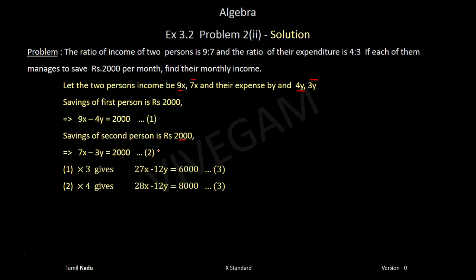Equation 2 becomes 4 sevens are 28x minus 12y equals 4 into 2000, which is 8000. Now you see the coefficients of y are the same in magnitude and sign, so you have to subtract. This is equation 4.